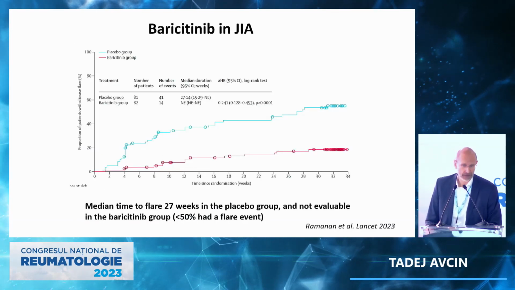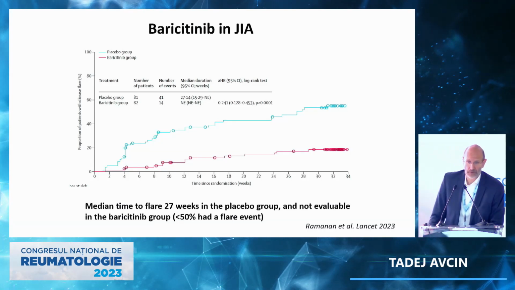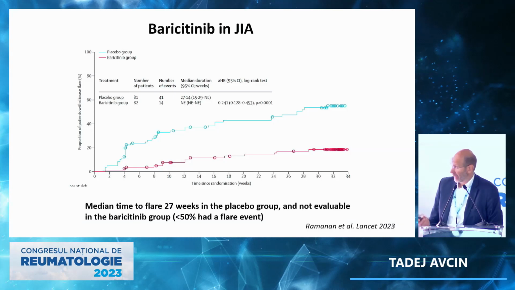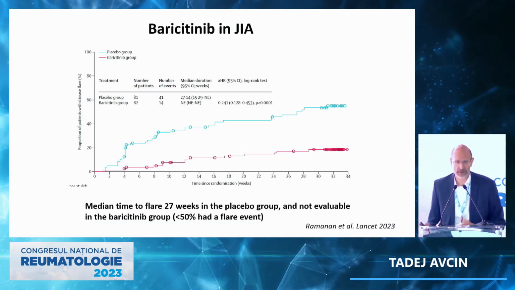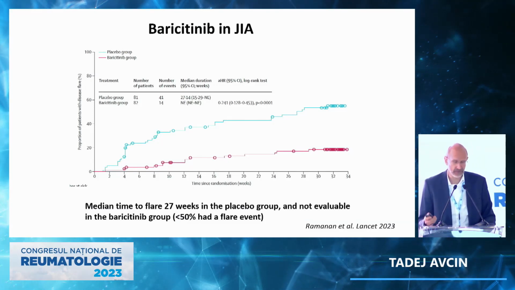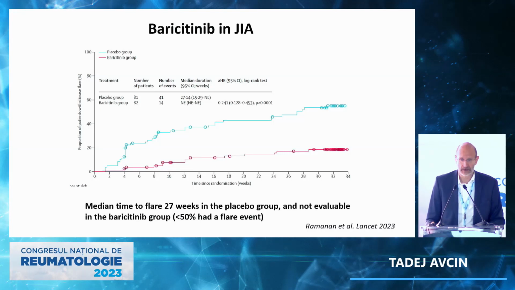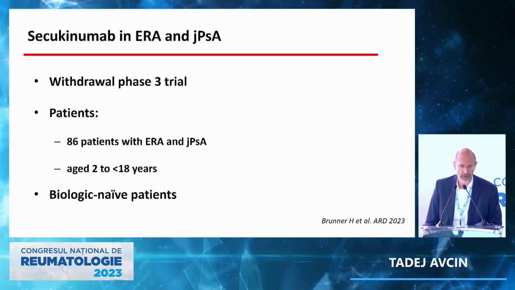This study again showed good efficacy with an acceptable profile of baricitinib in JIA. The median time to flare in the placebo group was 27 weeks and was not even reachable in the baricitinib group because less than 50% of patients had a flare event, which is pretty convincing data for baricitinib.